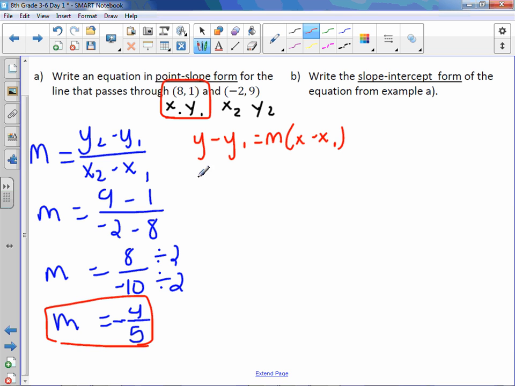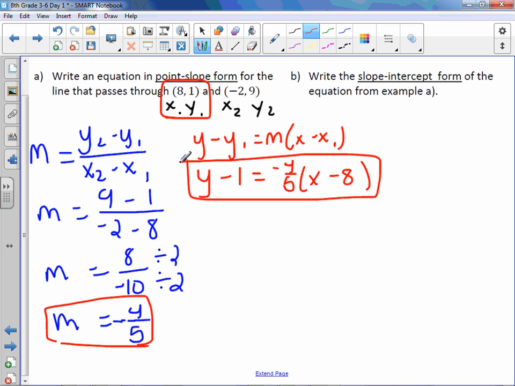Plug in what we know. y minus our y1, which is 1, equals our slope, negative 4/5, times x minus our x1, which is 8. I don't have any double negatives, so that's our answer in point-slope form.